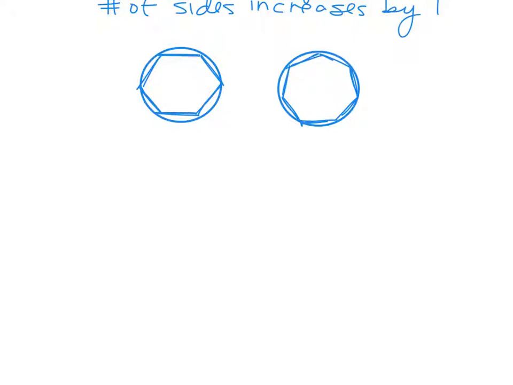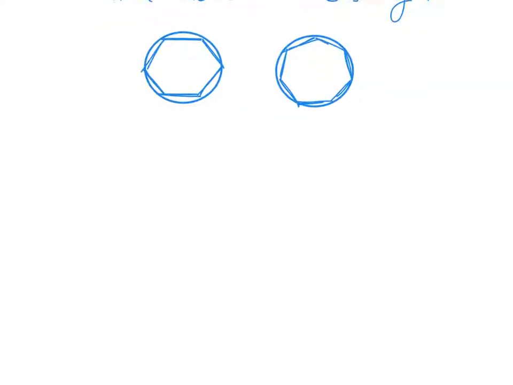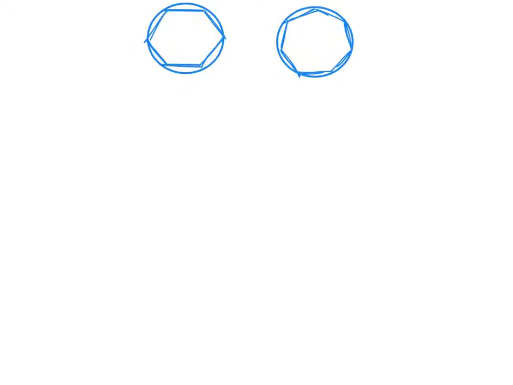So what we're going to do is make a conjecture about this problem here. Example 2. Let's say we have 3 circles.